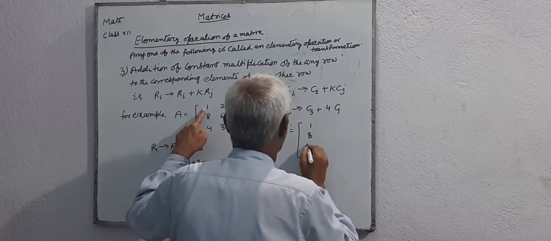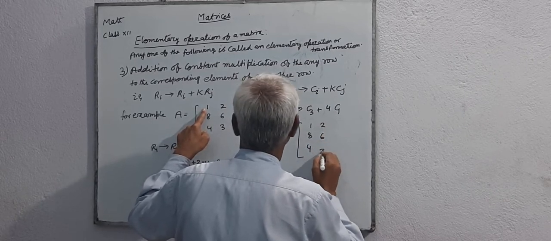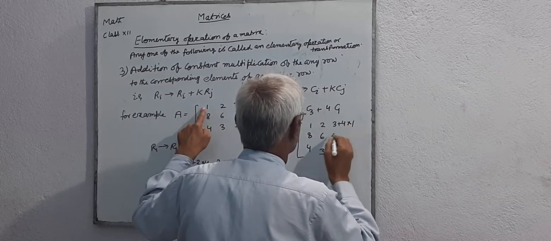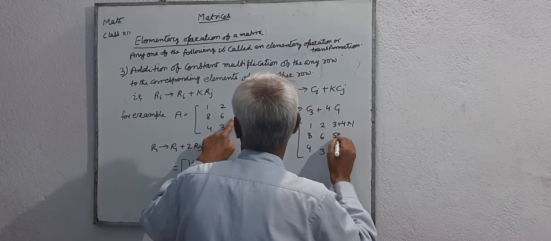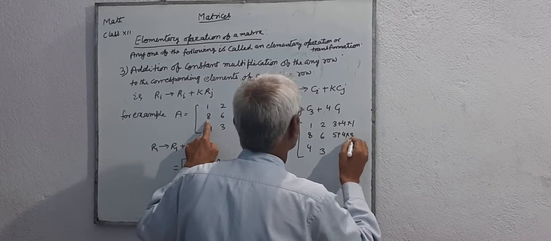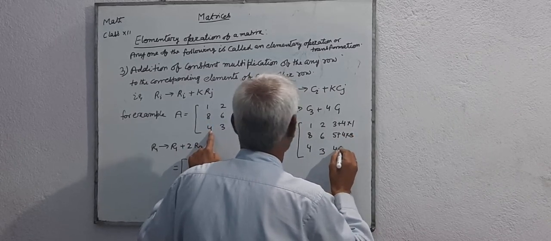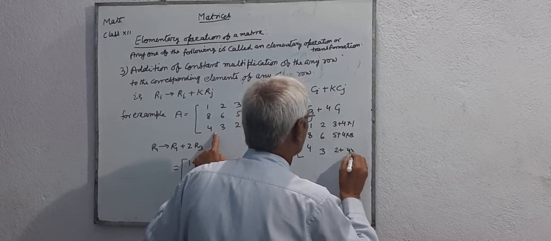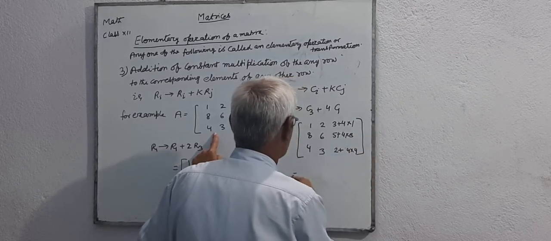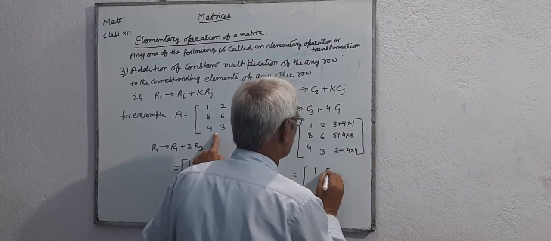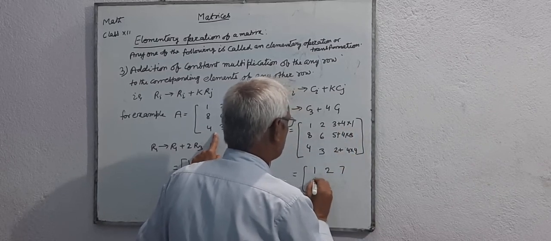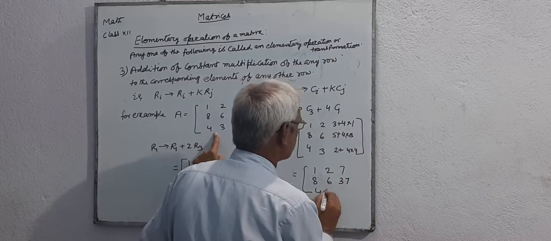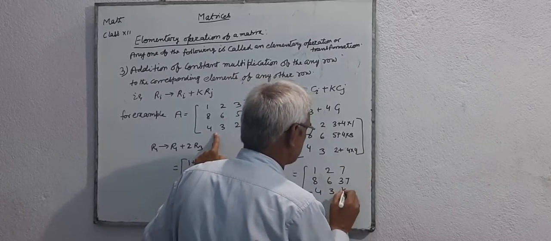The matrix 1, 8, 4, 2, 6, 5: C3 becomes 3 plus 4 into 1, 5 plus 4 into 8, 4 plus 4 into 4, 2 plus ... equal to 1, 2, 7, 8, 6, 37, 4, 3, 18.